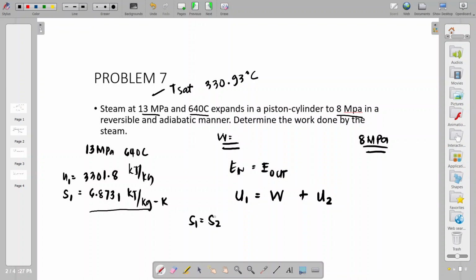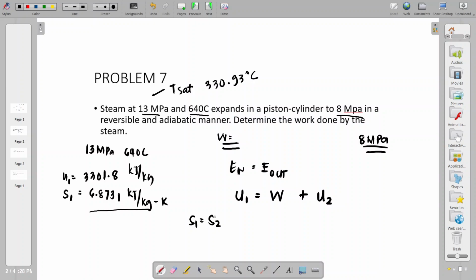Okay? Ang Sg dito ay nasa 5.7. Ibig sabihin, mas mababa. So, itong 6.8731 is nandun pa din sa vapor. So, hanapin natin sa table 3 yung 8 MPa. Okay, 8 MPa. And then, check nyo dun sa S kung saan malapit yung 6.8731.